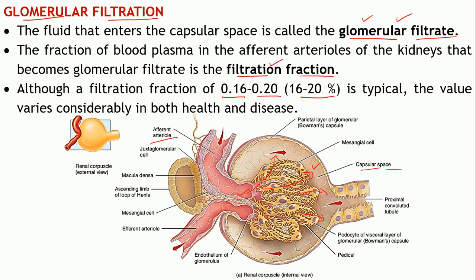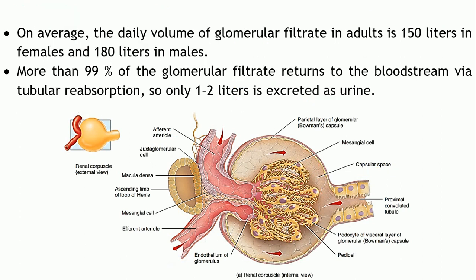So, the components of the blood will get filtered out, but this particular value may not be constant. It may vary depending upon health or disease, and from person to person; it does not remain exactly the same in all individuals.